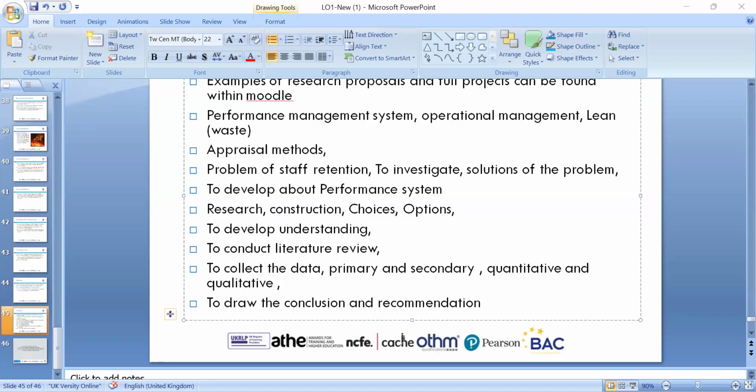Then you can set your aim, and then you can set your objective. You can make the choice, primary or secondary. That comes in the objective: what you want to achieve at the end of the research.